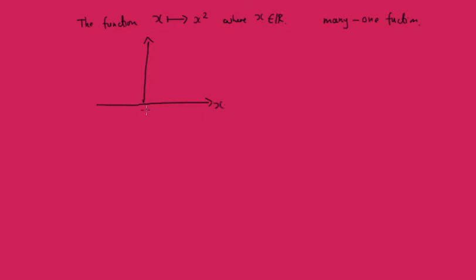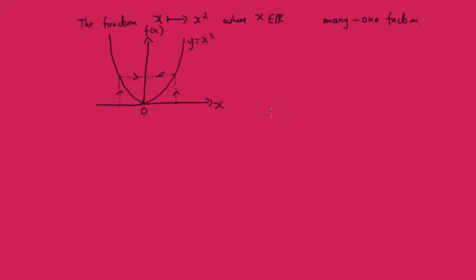So we've got our inputs x, we've got f of x, and this is y equals x squared. So say if we've got a value here, let's say that was 2. 2 squared is going to be 4. But say we had minus 2. Minus 2 squared is also going to be 4. So we've got two values of x, but they both have the same output value.